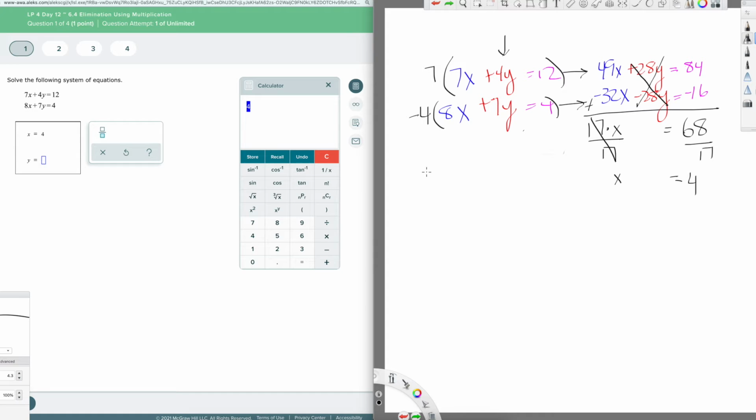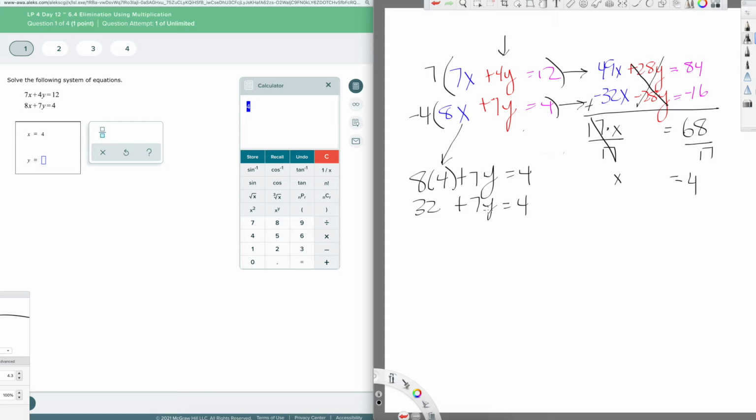I'm going to go 8 times 4, because remember x is 4, plus 7y equals 4. So I'm doing this so that I can solve for y. I still need to know what y is. I know the x coordinate of my solution, but I don't know my y coordinate. So 8 times 4 is 32 plus 7y equals 4.